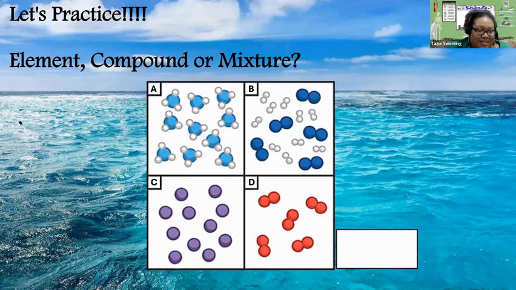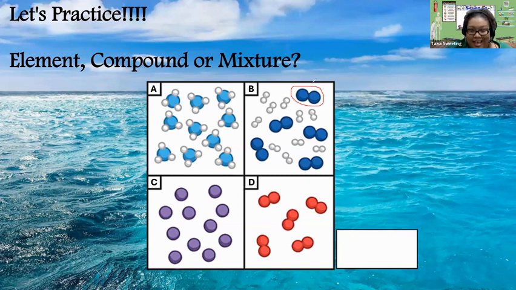Okay, so now let's go back to B, which he's working on. We know that this one here is one type of element, because we have two of the same type of atoms. Even though they're joined, elements can have two of the same type of atoms joined, or they can be single on their own.